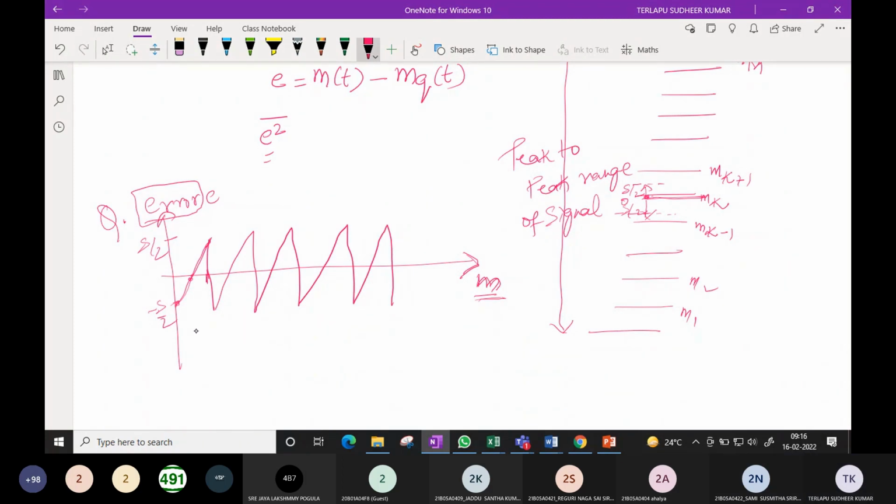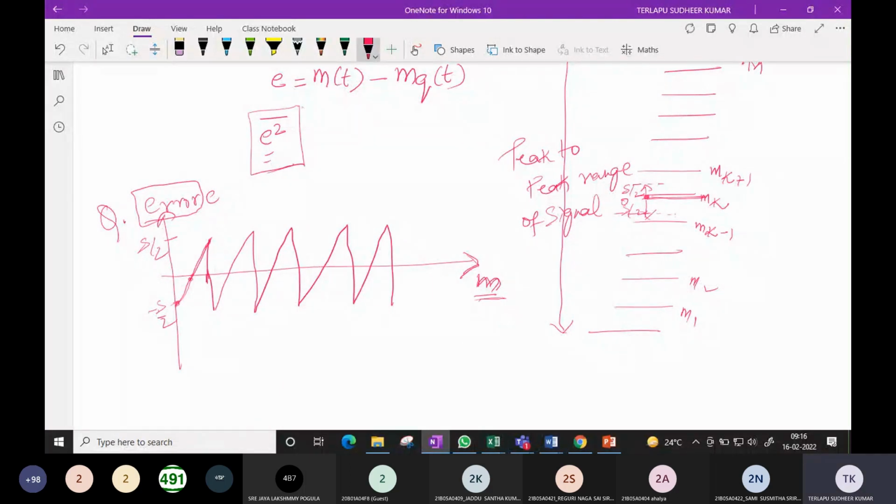Now, I said we are interested to calculate the mean square error of the quantized signal with respect to m of t.